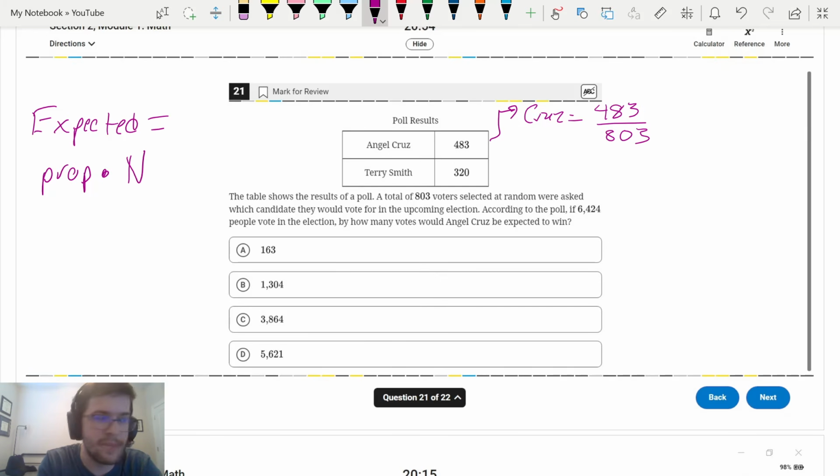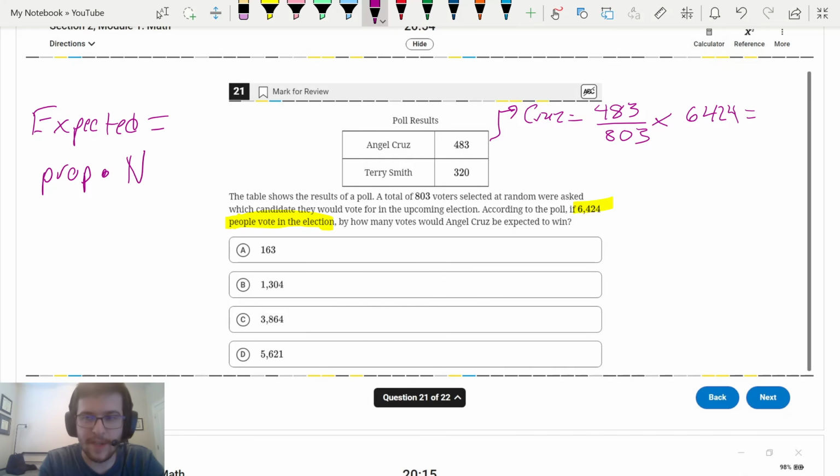And then times big N, which is the amount in the full population that we're going to generalize this survey to, as long as the population is selected at random, which it is. And you see it says there's 6,424 people vote in the election. So that's your population size, your capital N. So we're going to do times 6,424.